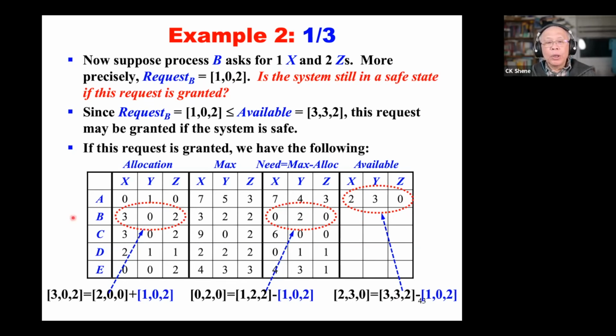Now, the original B's allocation is 2, 0, 0. Now it gets more 1, 0, 2. So its new allocation is 3, 0, 2. So that's the first step. Pretending that this request can be granted, we construct a new set of tables by updating allocation, need, and available.